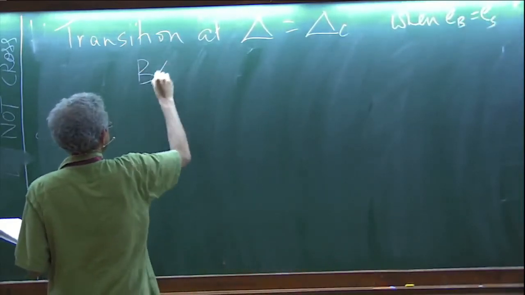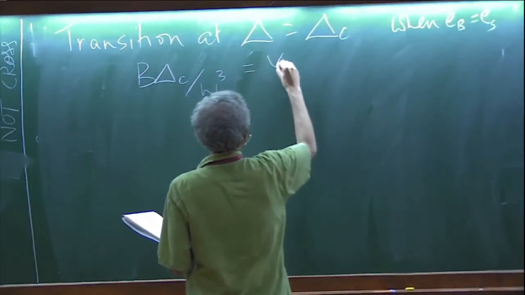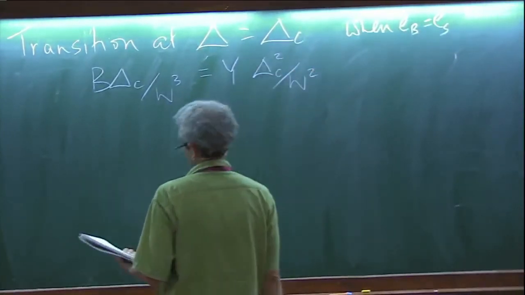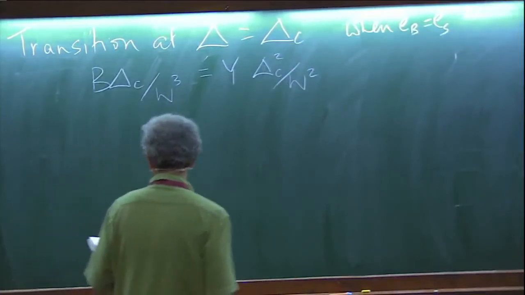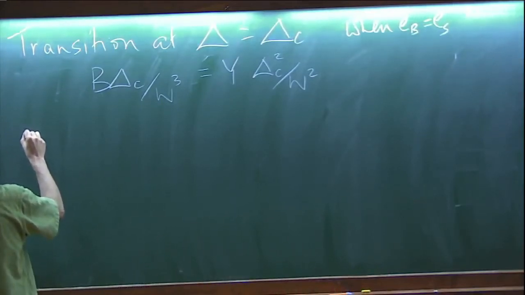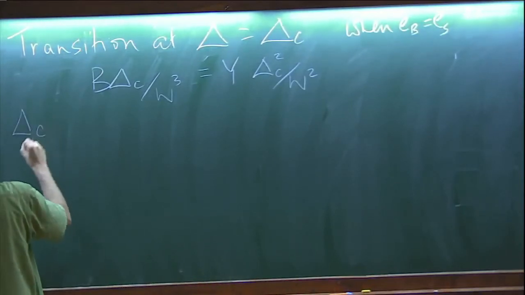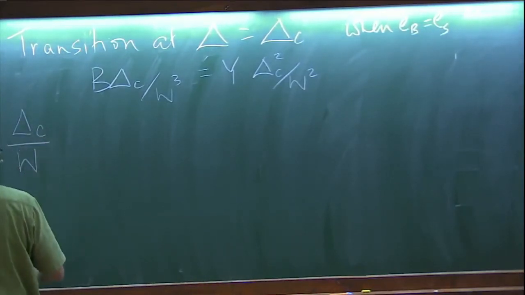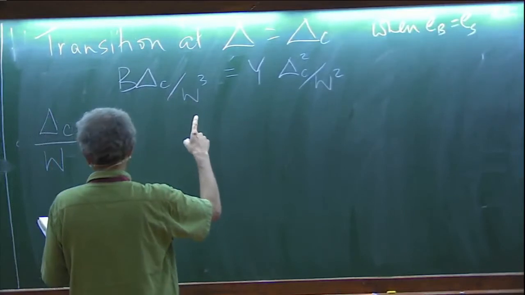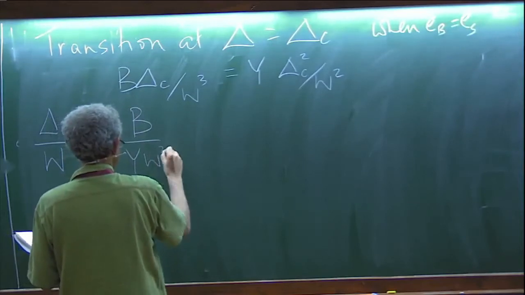That's to say B times delta_C over W cubed equals Y times delta_C squared over W squared, which says, I'm going to collect delta_C, and I'm actually going to keep a W here to keep this dimensionless, equals B over Y W squared.